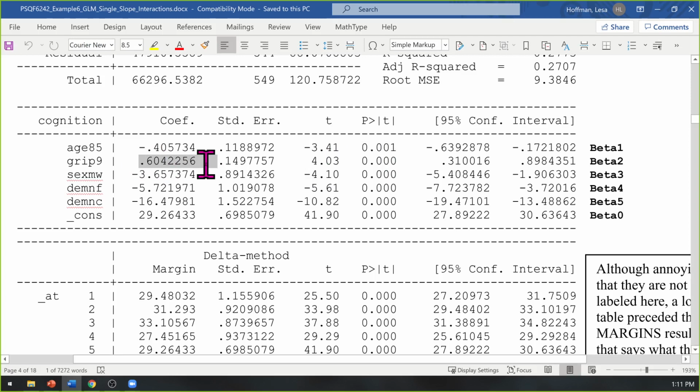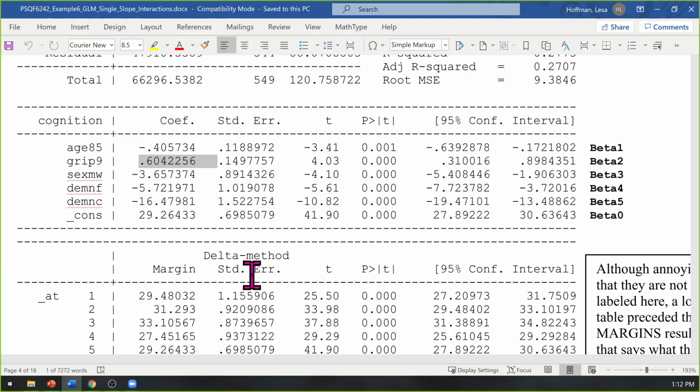How about grip? Everyone want to put the sentence? It's 0.6. So the harder you can squeeze, the more cognition you have. Yeah, the stronger you are, the smarter you are. So make sure you hit the gym so that you can continue to develop your mind.